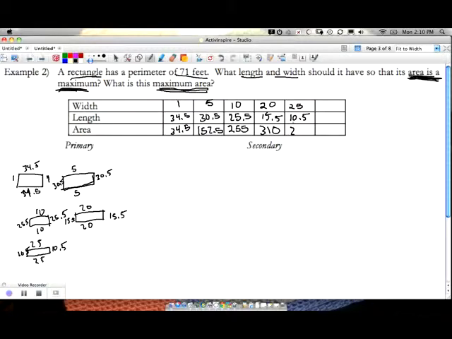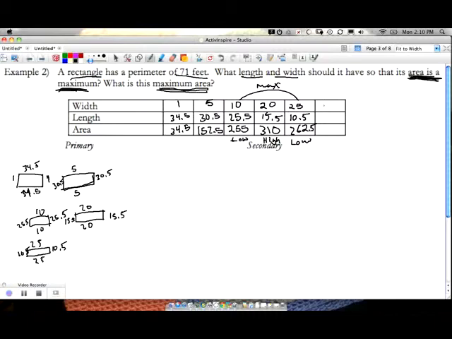That's going to be 250 plus 12 and a half, so 262.5. This is interesting. Look, we were low, then high, then low. So that means somewhere in here we hit a max.